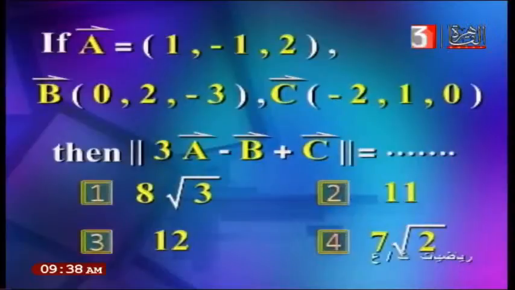Someone may say we add 3A plus C, after that subtract B from the answer. After that we find the norm of the result by using square root. This is right and also is right.